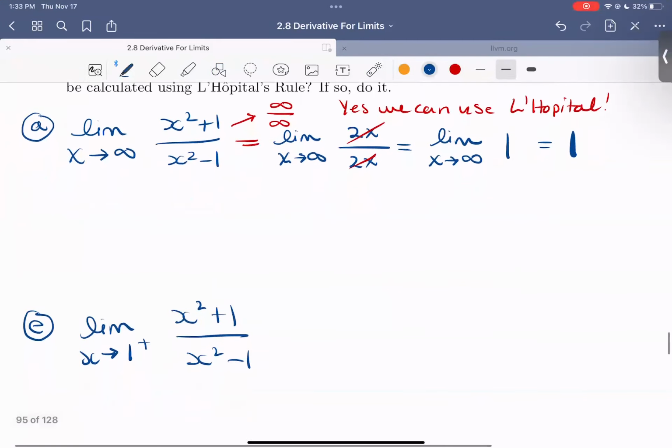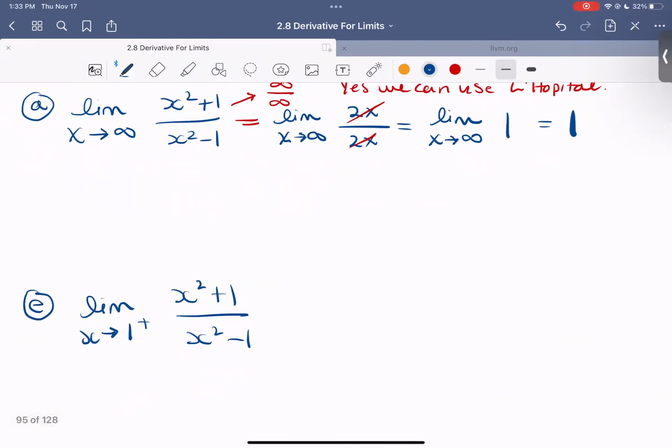So now let's look at part E. What happens in the numerator and denominator as x approaches 1 from the positive side? As x approaches 1, the numerator becomes 1 squared plus 1, which is 2. The denominator becomes 1 minus 1, which is 0.